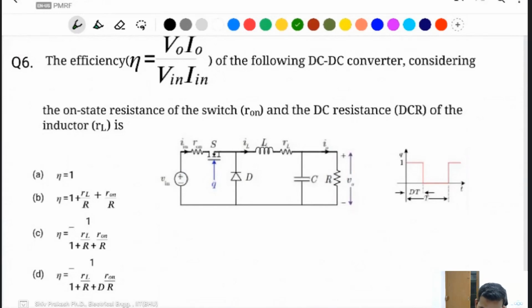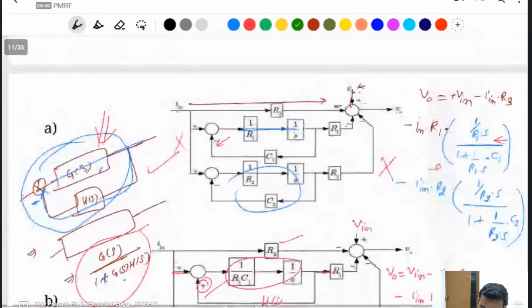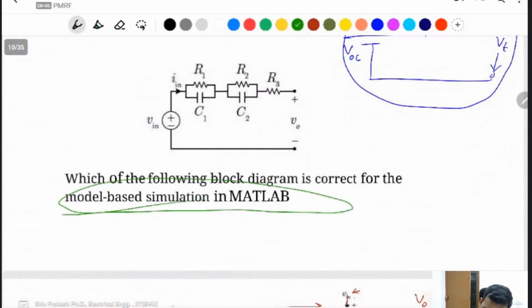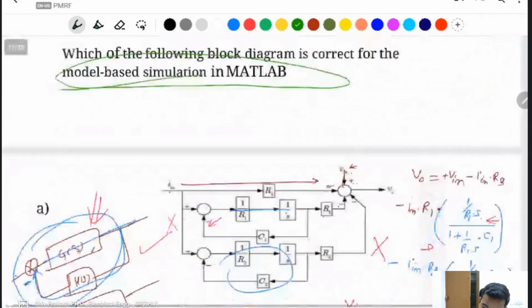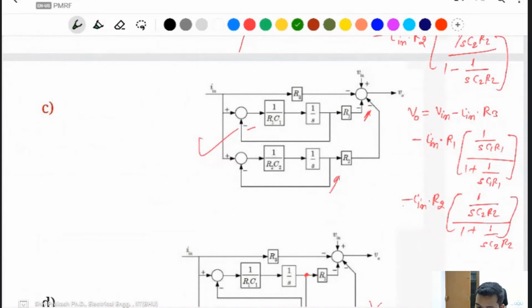The efficiency. If you understand the simulation model of this circuit. Yes, sir. Third one is you can relate the circuit from the KVL, only a mathematical equation.